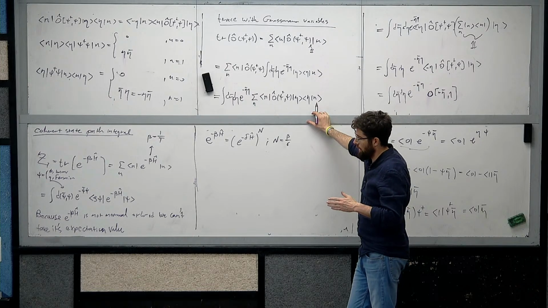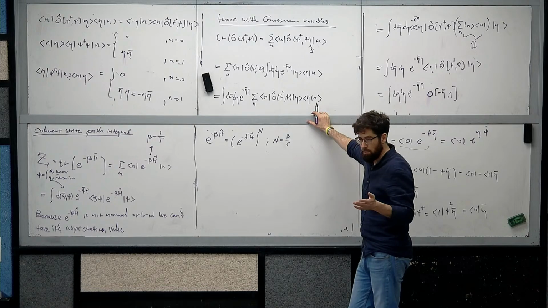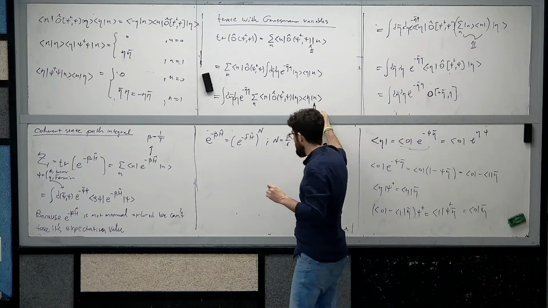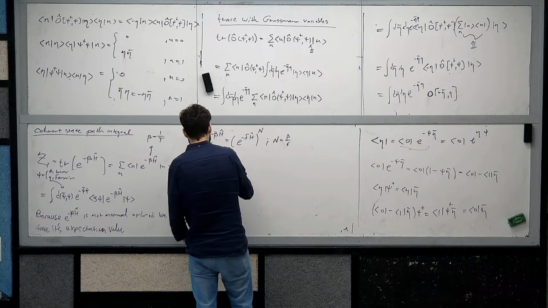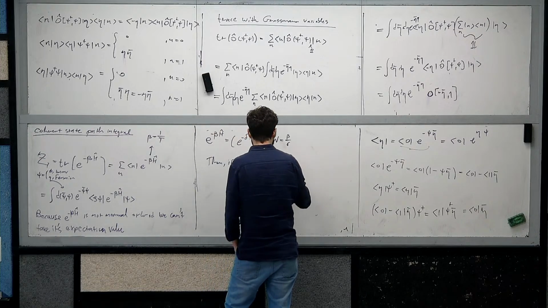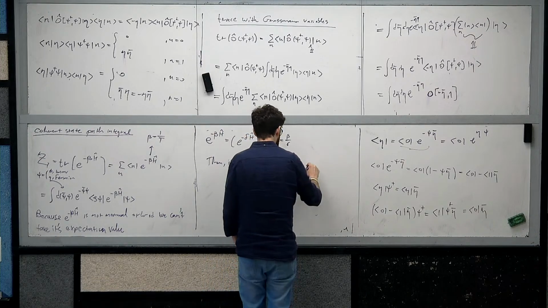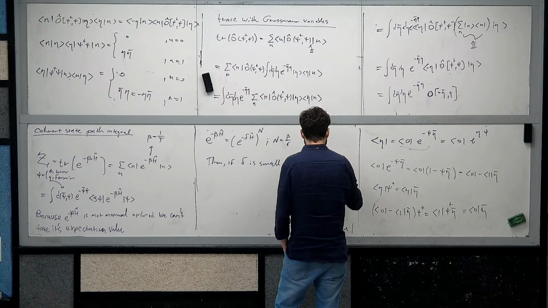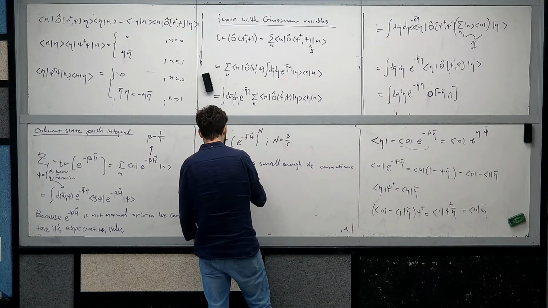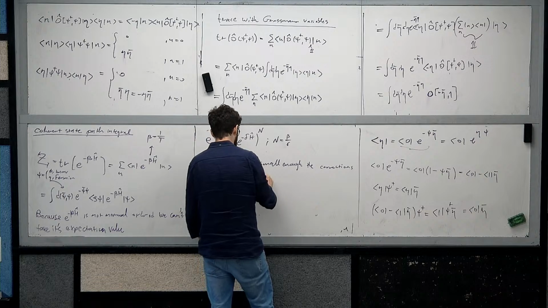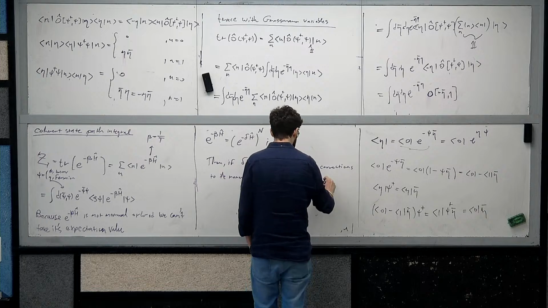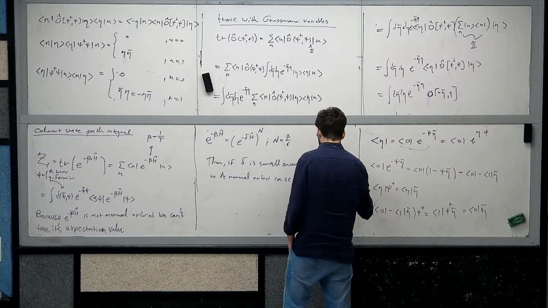And then again, we have the same problem. We didn't lose the problem, but the point is that if delta is small enough, the corrections to the normal ordered case are negligible. What do I mean by that?